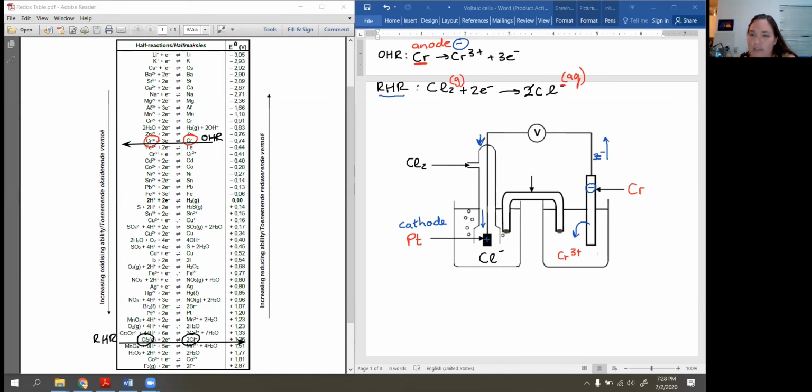So remember an electrode is a solid that conducts electricity. If you don't have that solid that conducts electricity, then you have to put in a solid. And the reason we put in platinum is that platinum is inert, and the word inert means unreactive. So the platinum is not going to react with anything in solution.